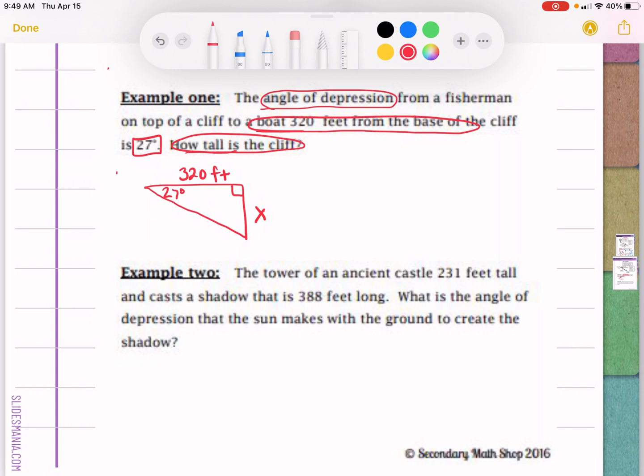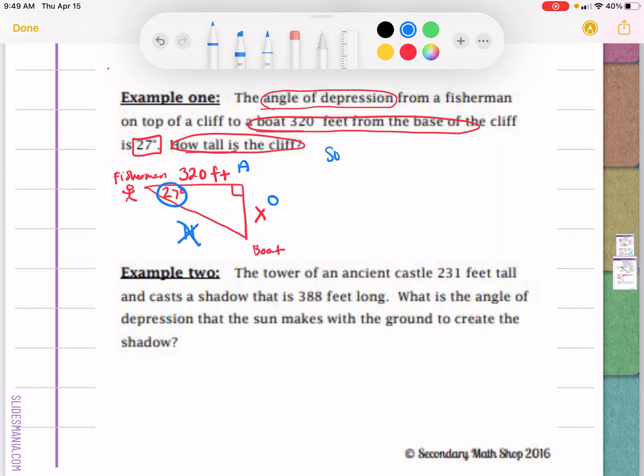So here we have our fisherman on top of the cliff. And down here we have the boat that he's looking at, at the base of the cliff. I'm ready to label my sides, so I have my hypotenuse. This is my angle, so X would be opposite, 320 would be adjacent. I'm going to cross off the hypotenuse because that side's blank.